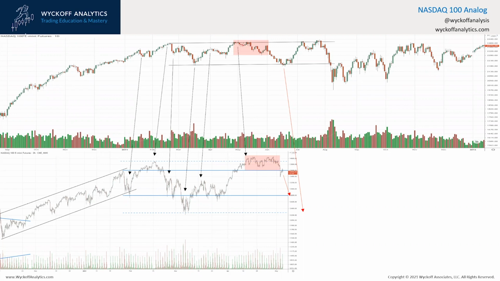This is NASDAQ 100 futures, a daily chart, and this is the 2010-2011 chart. We've entered, after the momentum rally off the 2009 low, into a trading range. So it's kind of interesting how it develops in a similar way.